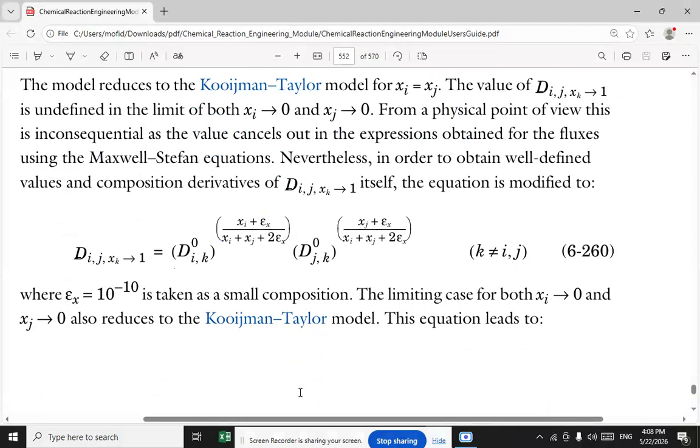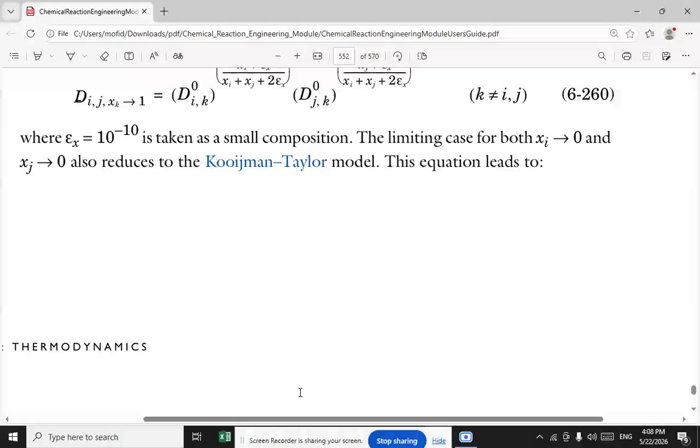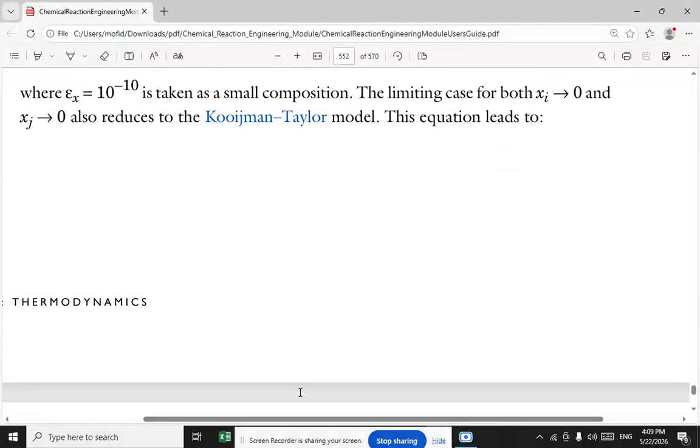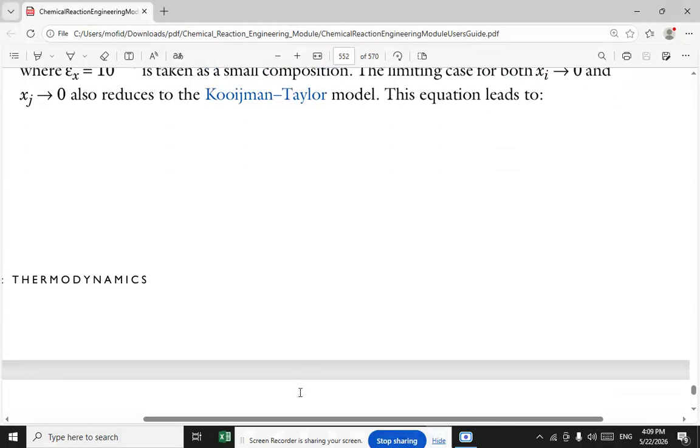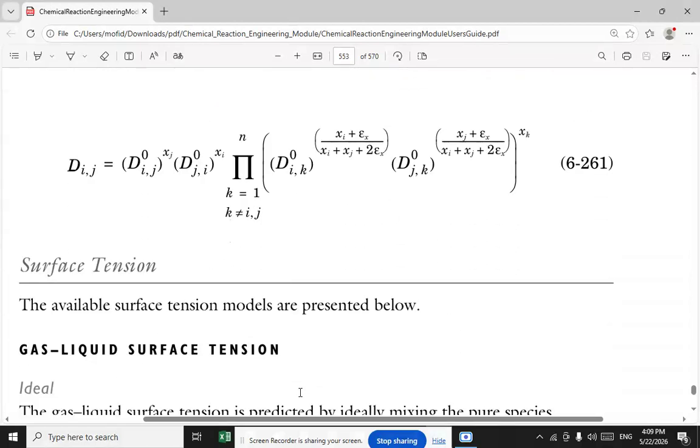Nevertheless, in order to obtain well-defined values and composition derivatives of Dij, x_k tends to 1, the equation is modified as follows, where epsilon_x equal to 10 to the power of minus 10 is taken as a small composition. The limiting case for both xi tends to 0 and xj tends to 0 also reduces to the Kooijman-Taylor model. This equation leads to this equation.